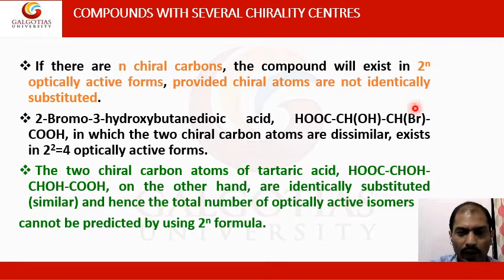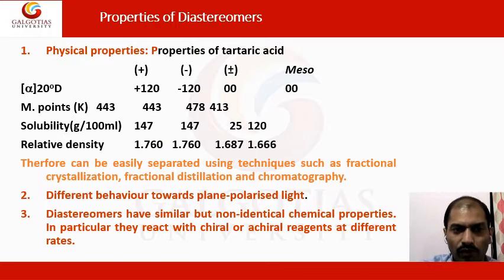As per the 2^n rule, 2^2 equals 4, so a total of 4 optically active forms will be seen here. Similarly, you can see this for other molecules, and they can be predicted by using the different forms.